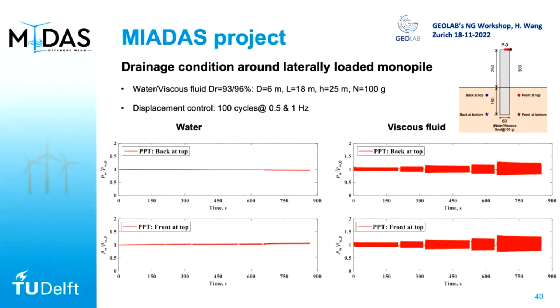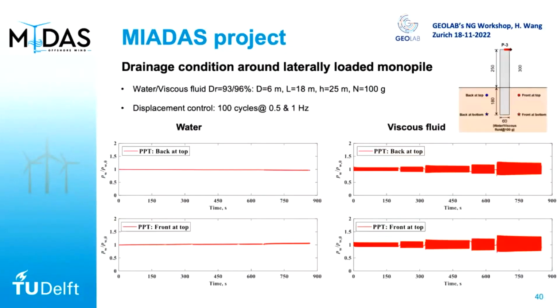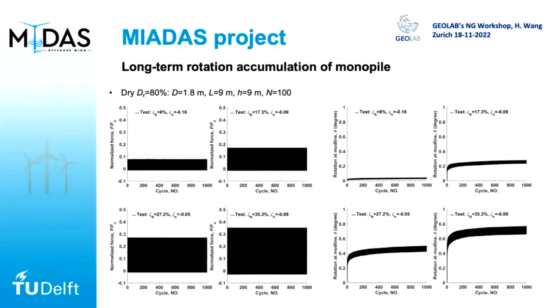Thank you. So basically, our observation is that most of the time the response of the monopile is controlled by the drained response. There is a small excess pore pressure response, but it's not that important. And the very last piece: as I said, the response is mostly drained, so when you apply the load, the soil will contract, and then you have deformation of the pile.